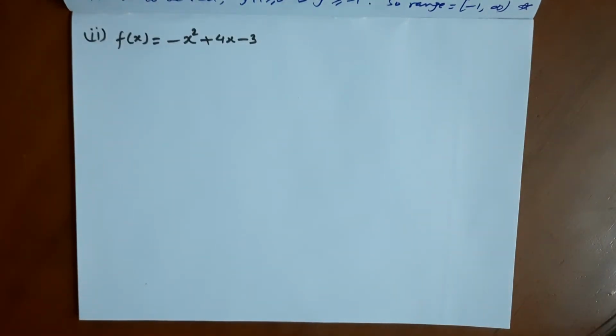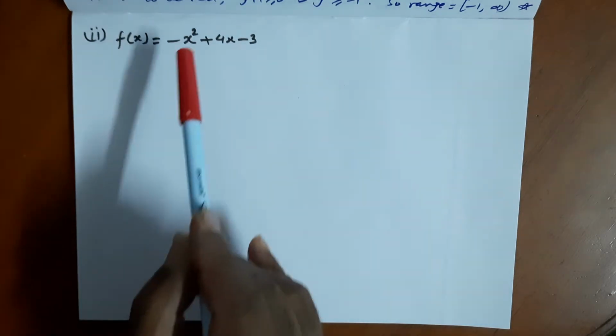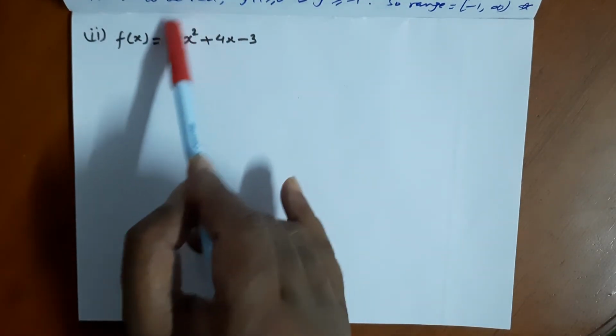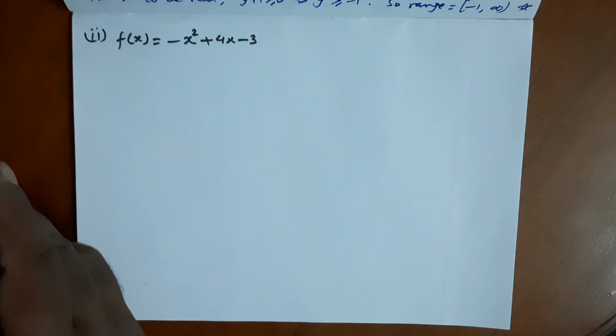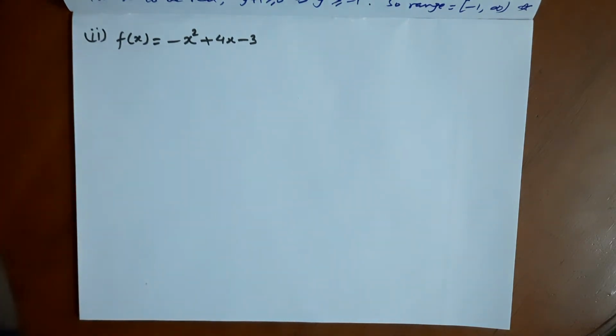Here also we have a quadratic function, because the power of the variable is 2, the maximum power of the variable is 2 and not more than that. And for the graph of this also we will follow the same procedure like in number one.